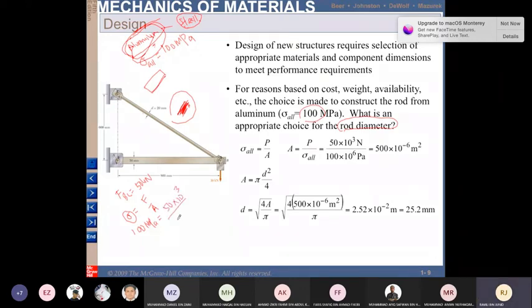Area is pi r square, or pi d square over 4. So what you want to find is the value of diameter.